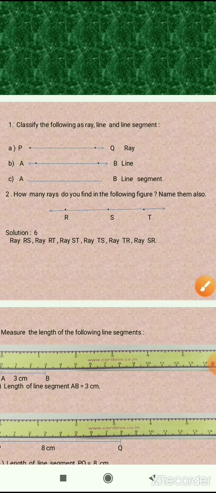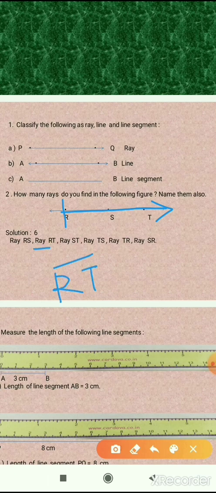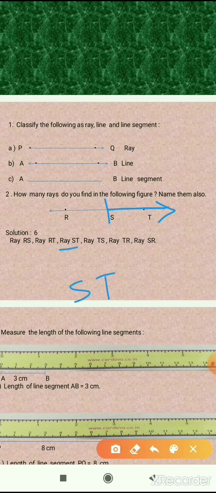Second is RT, where we consider initial point R and T. So we can denote it ray RT or RT by using the symbol. Third one is ray ST, where we consider initial point S and T, and it is extended indefinitely. Okay, so we can write it as ray ST or ST by using the symbol.